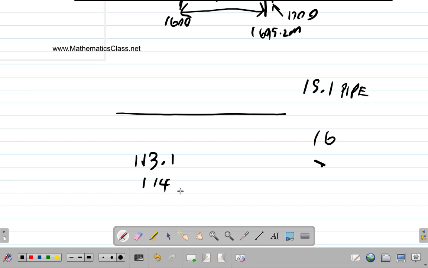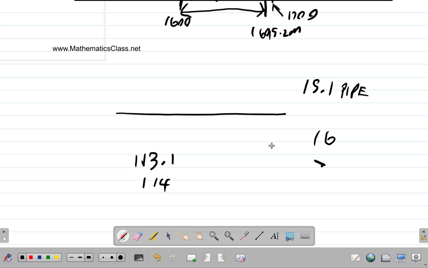If you buy 113 tile, you're going to have a little space in one corner, and it's not going to look good. The customer will not be pleased with the tiler. So you're going to have to buy 114 tile and cut one of them. So that's how you go with the rounding off.